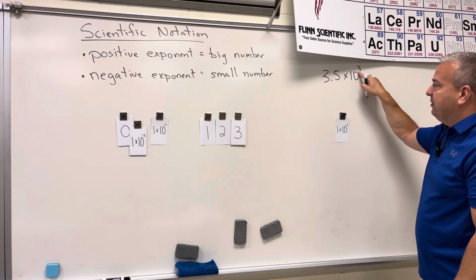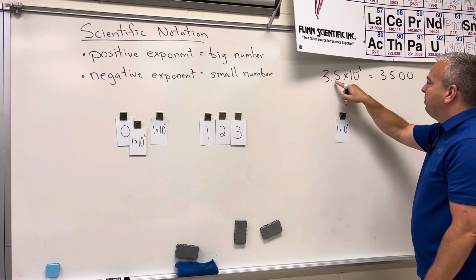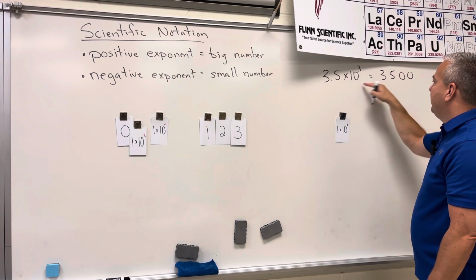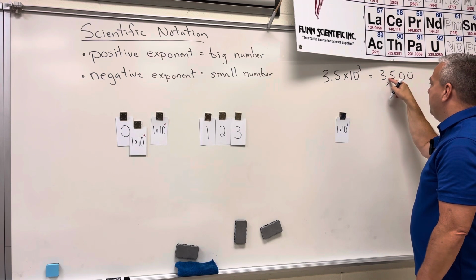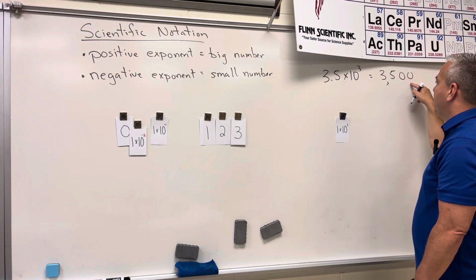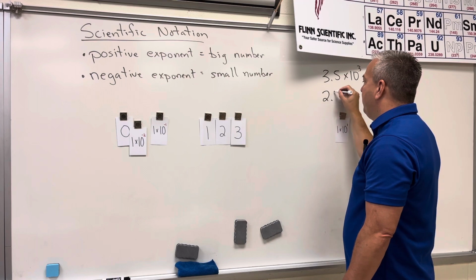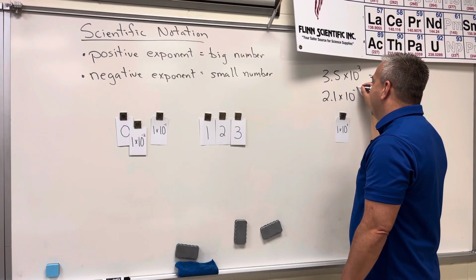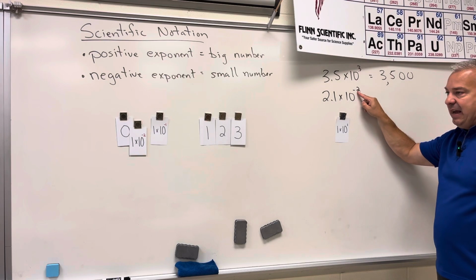And the exponent tells you how many places. So if I move that decimal place over 1, 2, 3, you're going to end up with 2 zeros here because the decimal place has been moved over 3 places. And if I gave you a number like 2.1 times 10 to the negative 2, same thought process. I'm looking at the exponent.